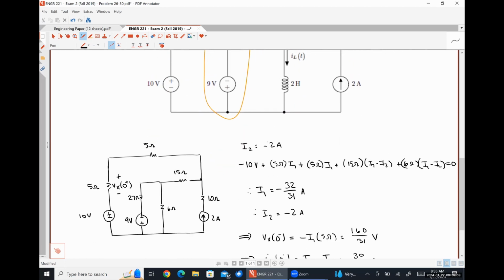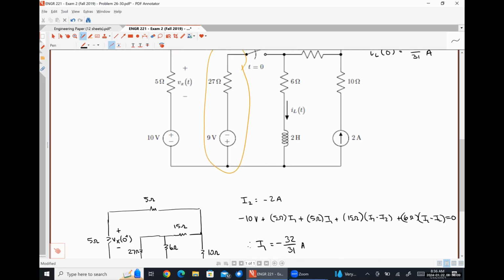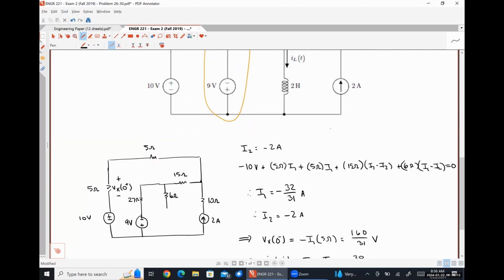My 6 ohm resistor is going to need to be moved up a smidge. IL was direction down, so I'm going to put a current source direction down, 30 over 31 amps, like so, representing IL at 0 plus. Erase all this work.